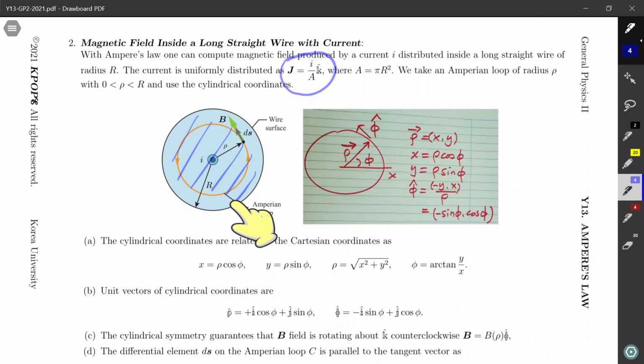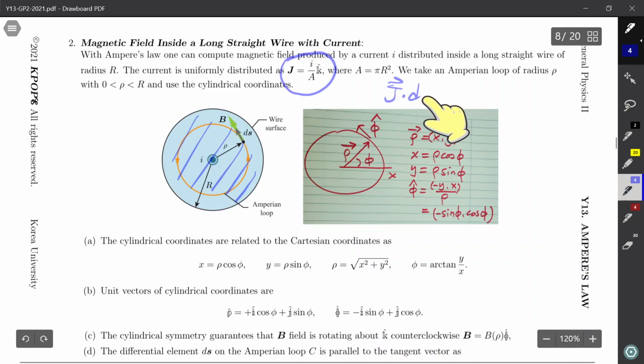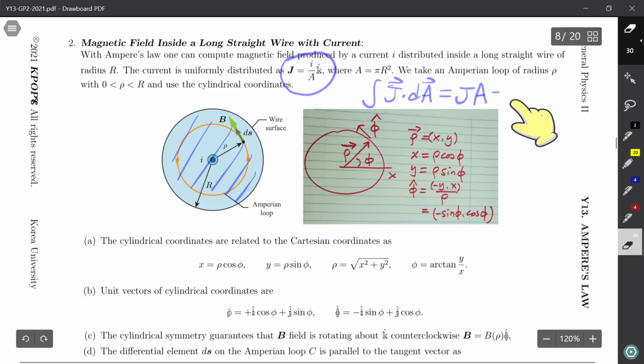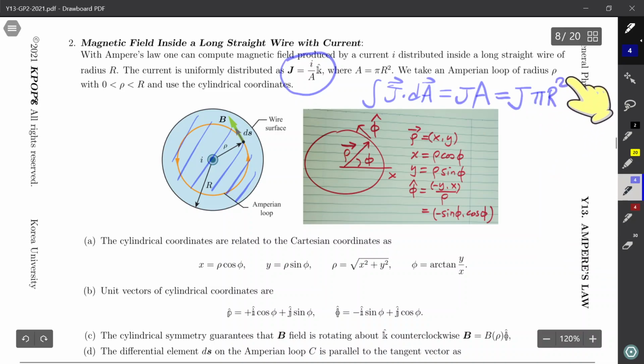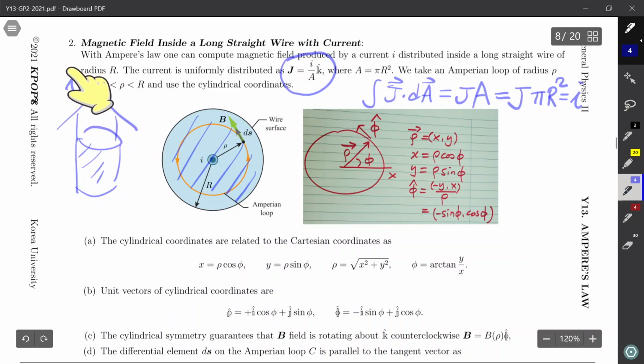For simplicity, our current density is assumed to be constant, so that J dot dA equals J times A, and it is a circle, with area pi R squared, not 2 pi R. And the net amount is I. So uniform current density and the total current itself is I, and I is distributed evenly over a surface.